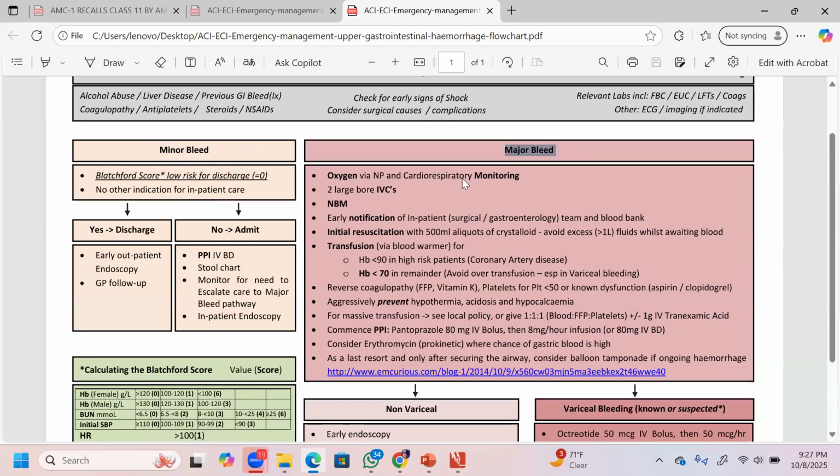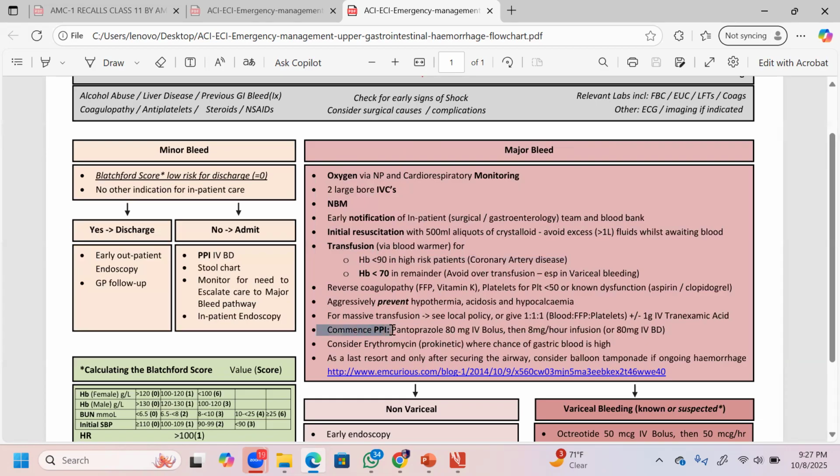Minor bleed is not important from the exam point of view, but the major one is important. First of all, you have to manage the patient: vitally stabilize, oxygen. You will pass an IV line and resuscitate accordingly with 500 ml of crystalloid solution. Then you have to transfuse if the Hb is less than 90 in high-risk people like coronary artery disease patients, and Hb less than 90, you have to transfuse. And later on, you have to commence PPI. This one is our answer.